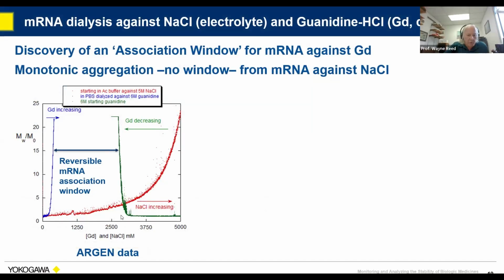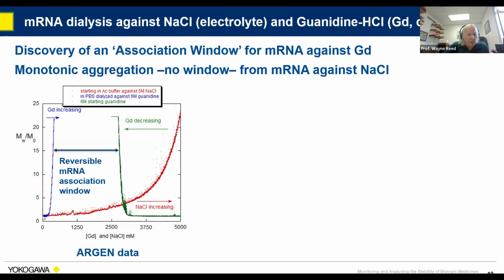When we now use the Argen and put dialysis against NaCl, again, MW over M0, the mRNA, you can see the aggregation is monotonic. It just keeps on increasing as you increase the NaCl, whereas this is guanidine hydrochloride, right here, guanidine, we just call it GD.